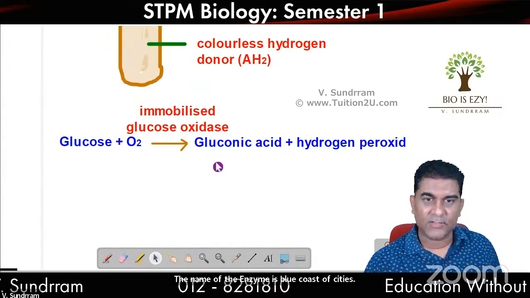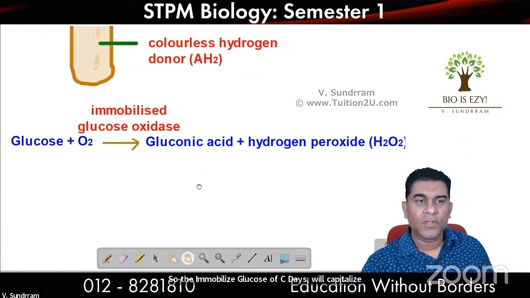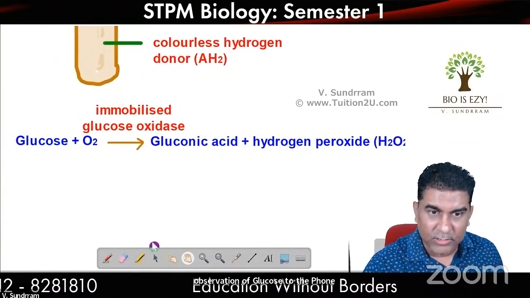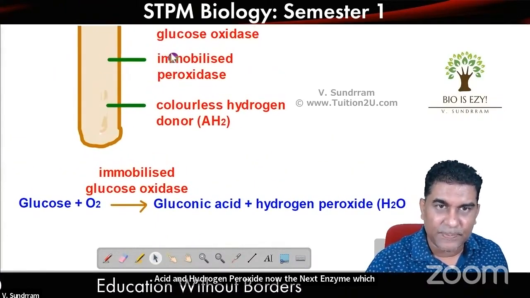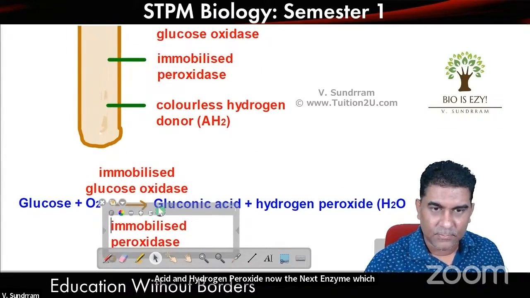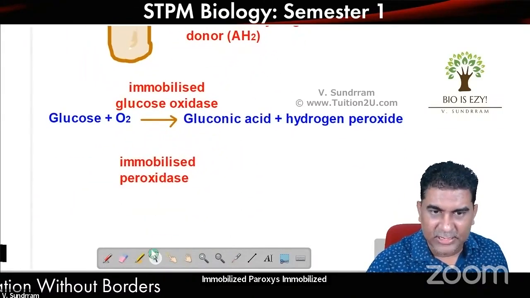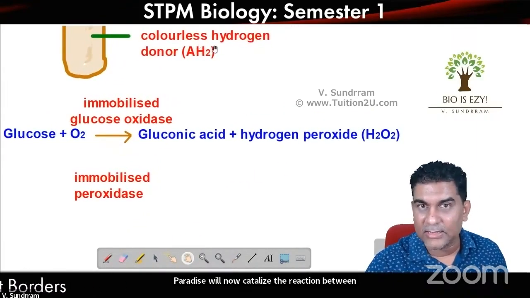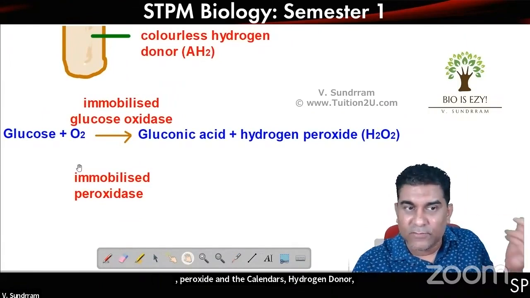The immobilized glucose oxidase will catalyze oxidation of glucose to form gluconic acid and hydrogen peroxide. Now the next enzyme, immobilized peroxidase, will catalyze the reaction between hydrogen peroxide and the colorless hydrogen donor. Take note, all of this is only possible if glucose is present.